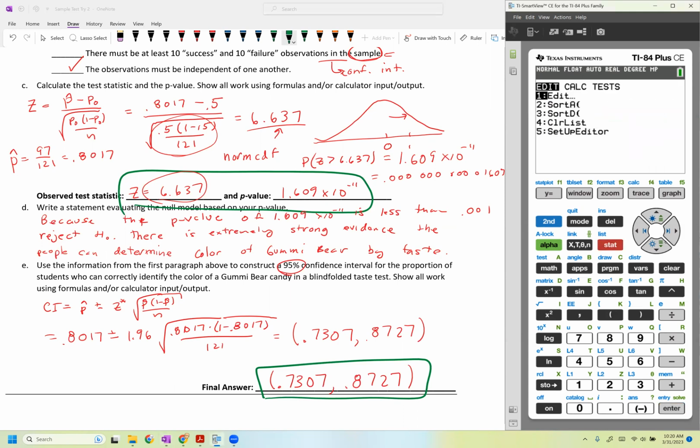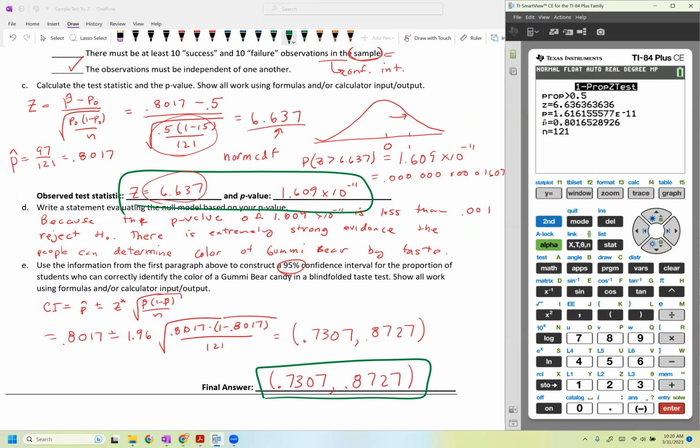If I go stat, tests, what we first did was a 1-PropZTest: 1 for one sample, prop for proportion, z because z was our test statistic. We set p-naught to 0.5, 97 successes out of 121 trials, and our alternative claim is that p is greater than 0.5. And we say calculate.